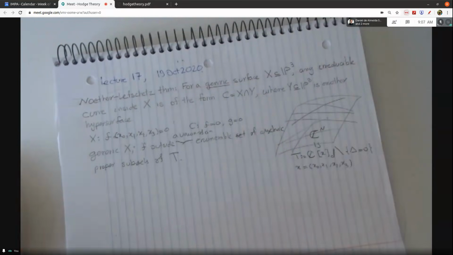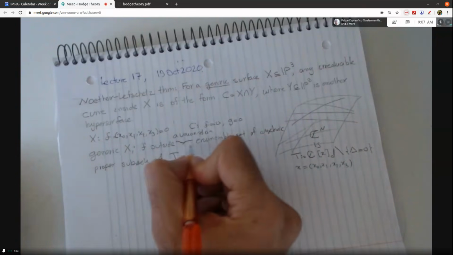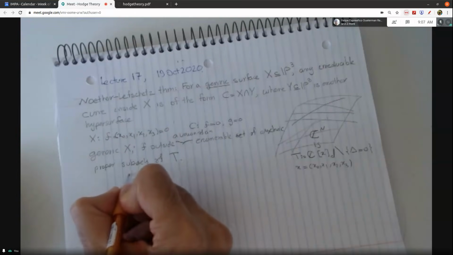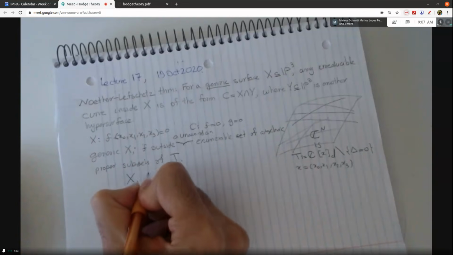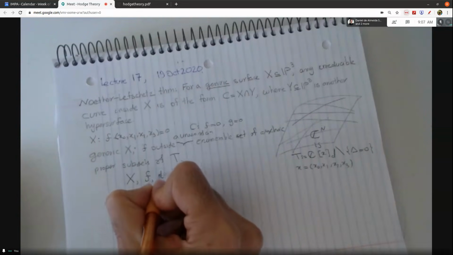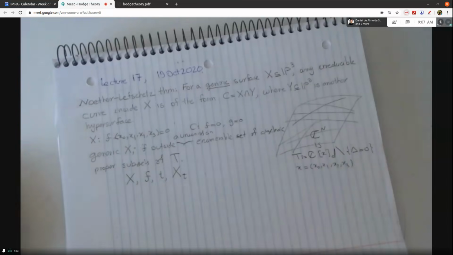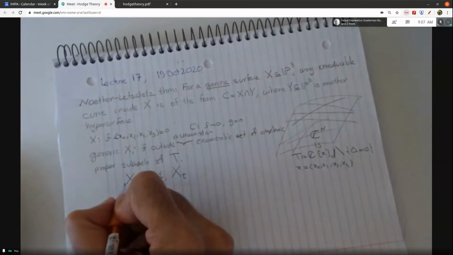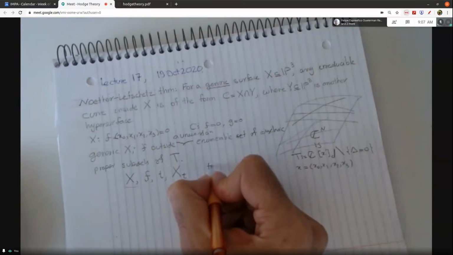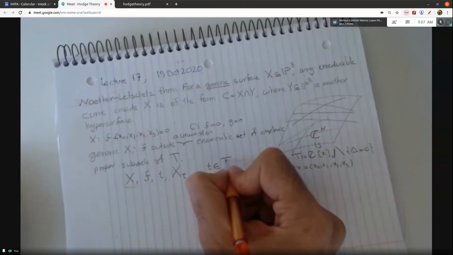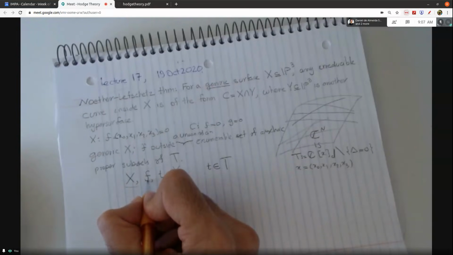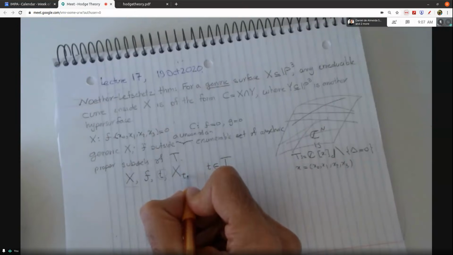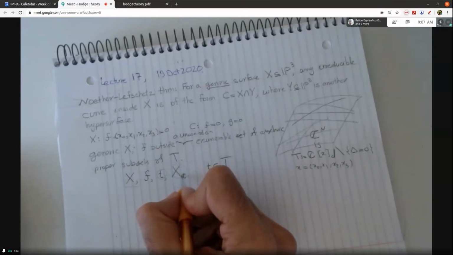Let me fix another notation: X_F equals X_t. At the end of the day, I will use these notations when I have a t in T. In any case, t represents some F, t is given by F equal to 0, and the surface is X_t.